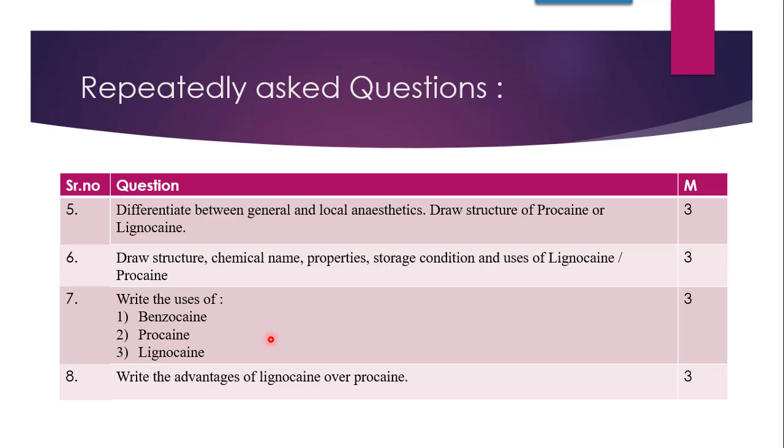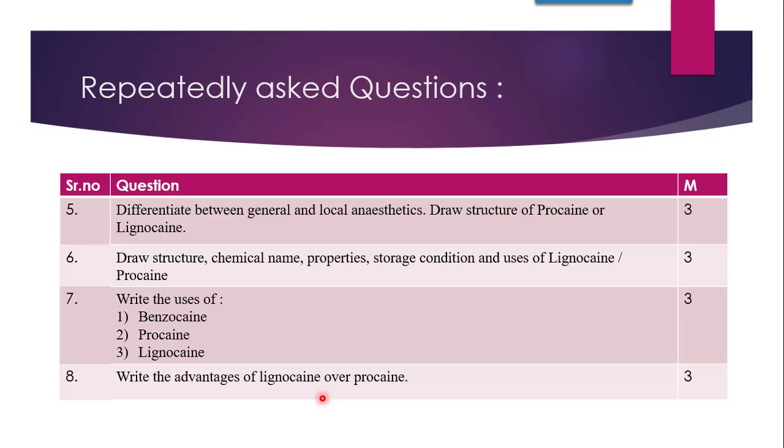The famous question which comes in pharmaceutical chemistry as well as pharmacology and toxicology is why lignocaine is preferred over procaine. Either it is asked as give reason why lignocaine is preferred over procaine, or as write the advantages of lignocaine over procaine.